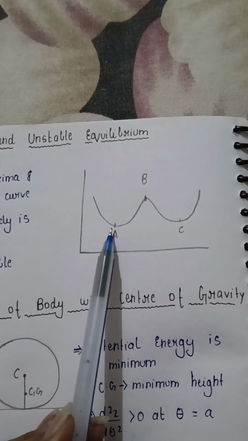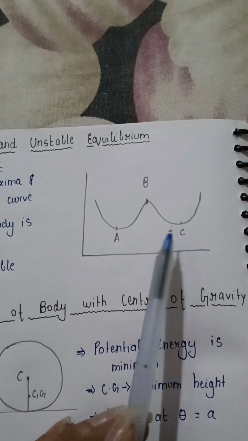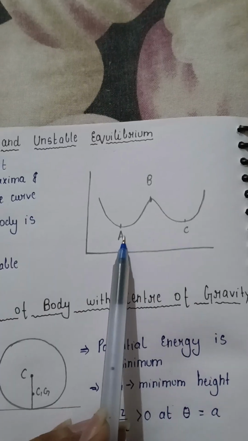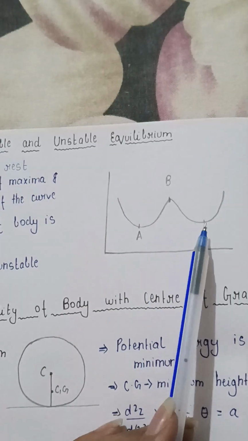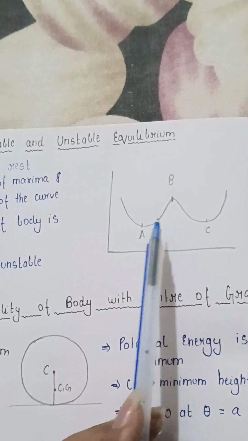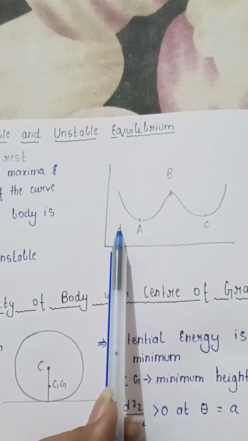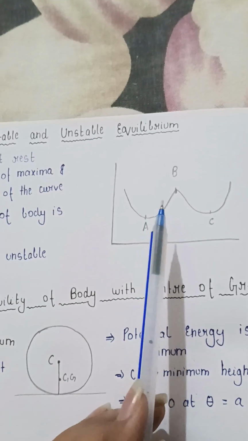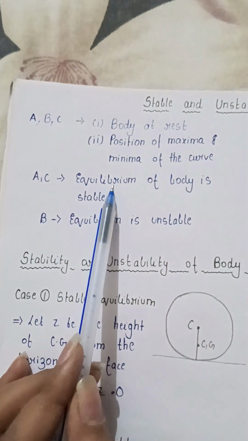Now, the position A and C are the positions in which the equilibrium is stable. If the body is slightly displaced from its position, then it will try to come back to its position, that is at rest. So, at position A and C, the equilibrium of body is stable.